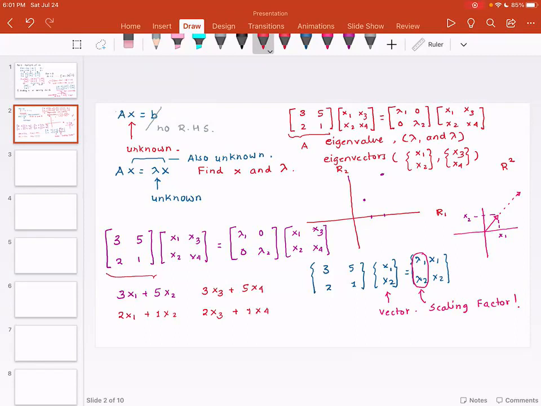So this is the product. I need to repeat the same process on the right hand side, but the right hand side is a little bit easier.